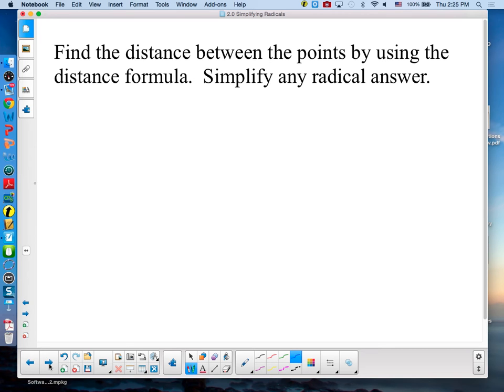Subtract the x values and square. Subtract the y values in the same order and square. Add it together. Last thing you do is the square root. And today we're going to reduce the square root rather than go to a decimal. Okay, here are your 2 points. Let's say A is the point 6, negative 2, and B is the point 2, 8.